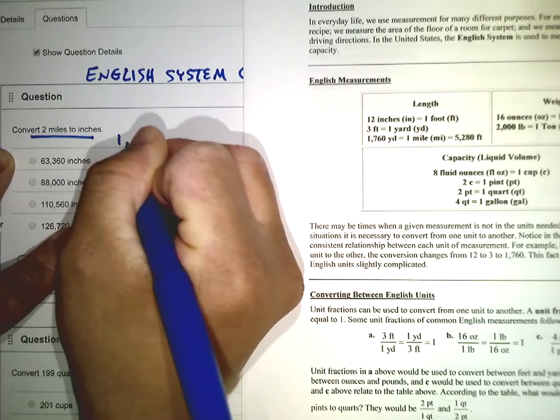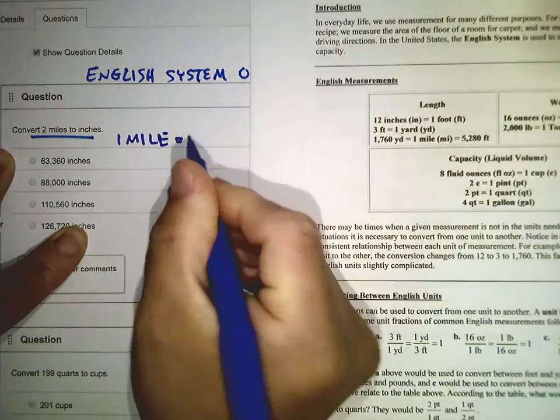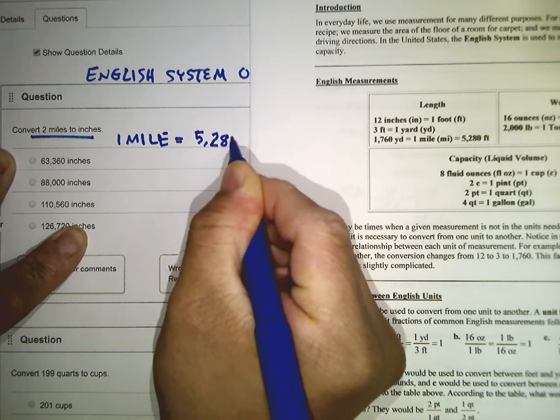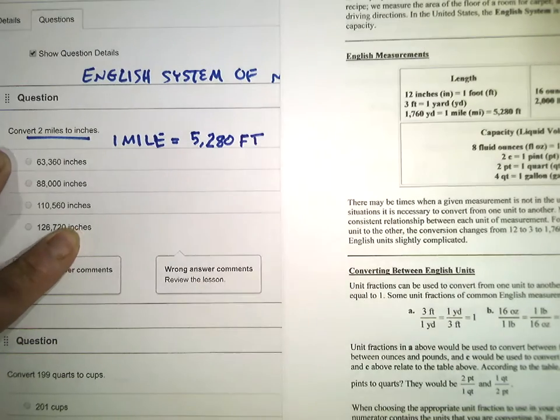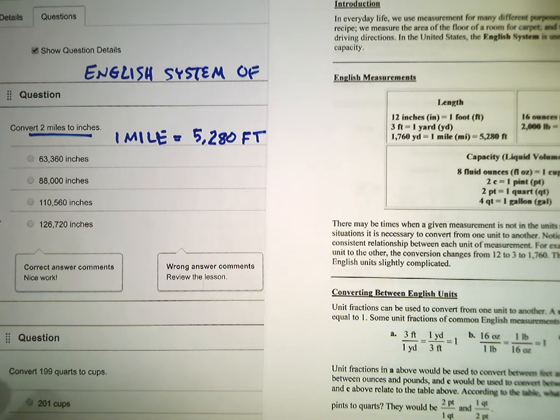That 1 mile will equal 5,280 feet. So let's start by converting the 2 miles to feet, and then from there we will figure out how many inches it will be.